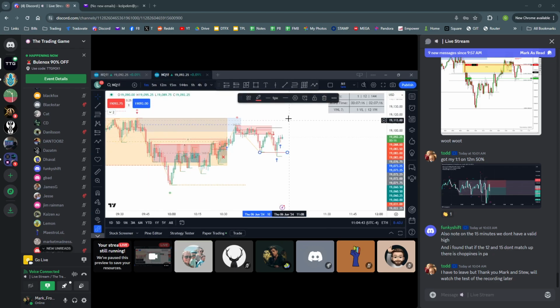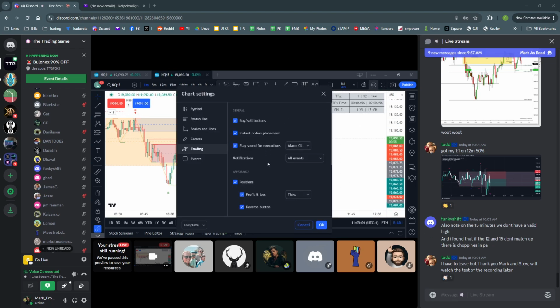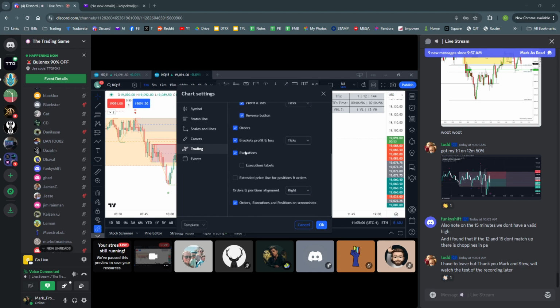So the double bottom itself isn't strong enough to overcome bias. Not unless I was just looking for a quick scalp. You could have taken that double bottom as soon as it validated and looked for this high, but that's the max I would be scalping to because it's counter trend, unless I had a higher time frame perspective that lined up with that idea.